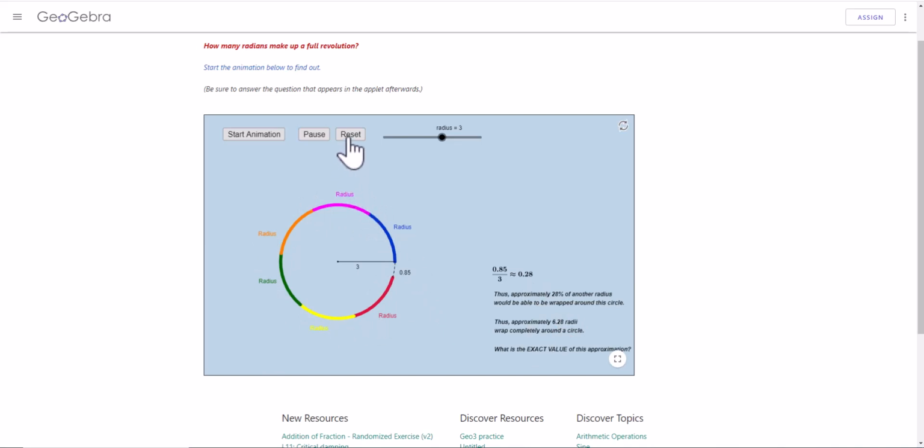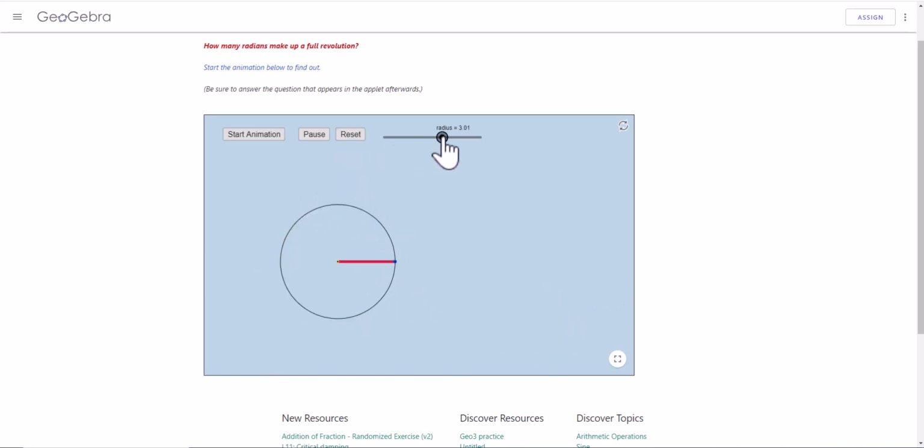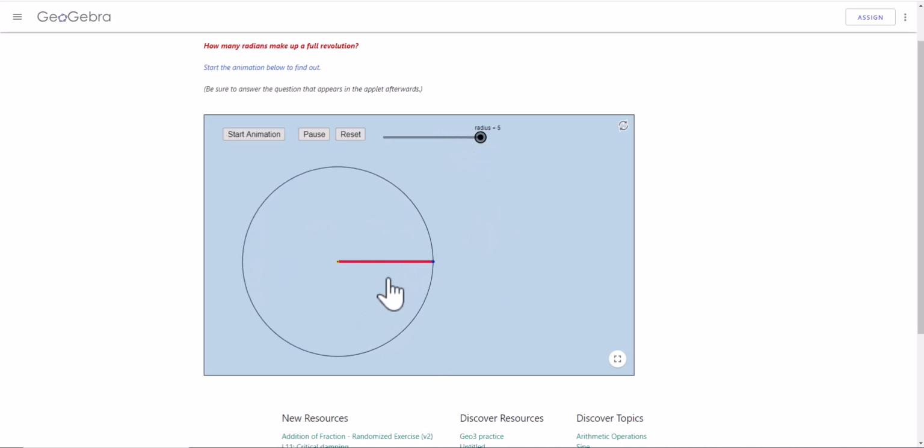Okay? Now, what if I made the circle larger? So let's take this and let's make it 5. Now, do you still think it will take the same amount of radii to go around the circle? Let's find out.